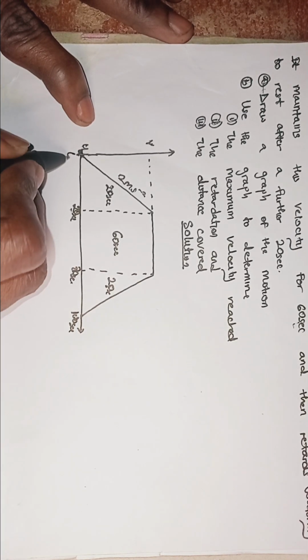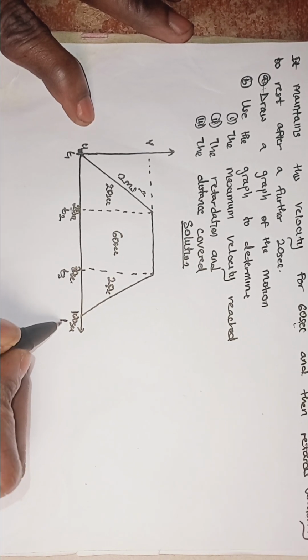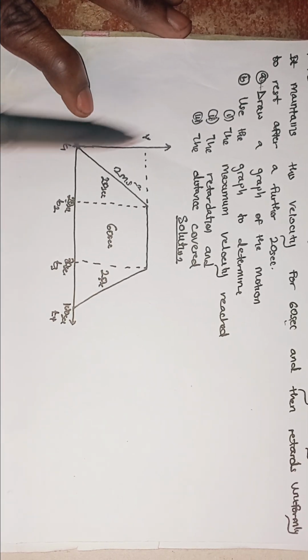So we can regard this one as our T1, this one as T2, T3, and this one will be our T4.